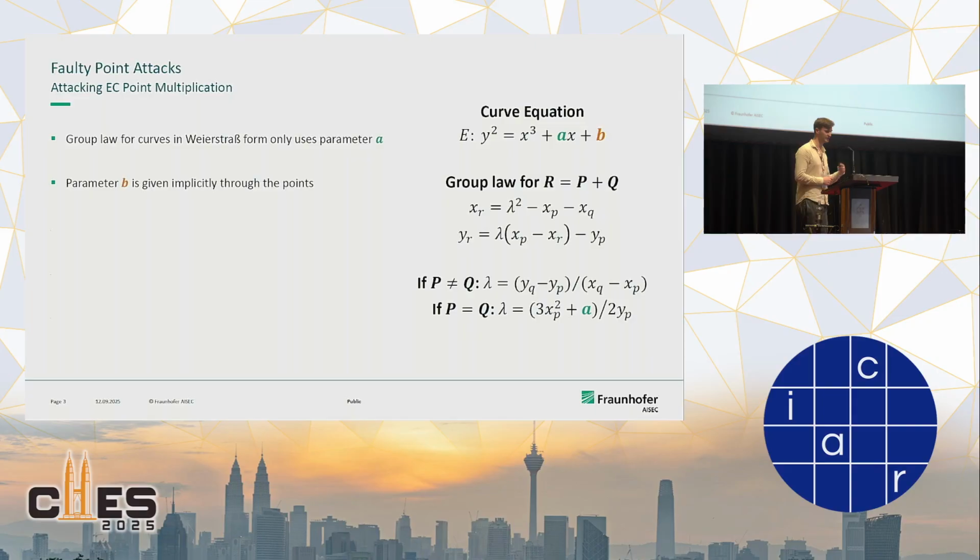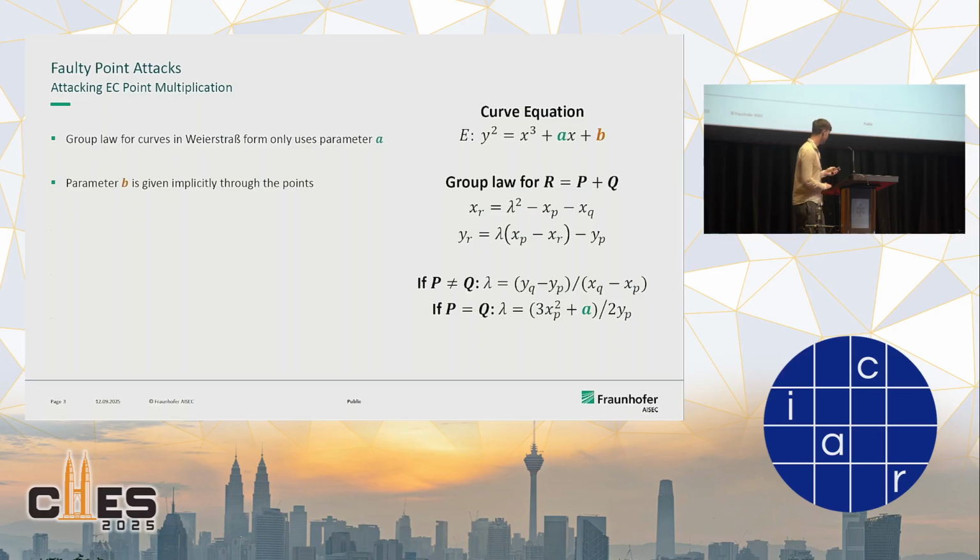Here an attacker will target the public key point or the generator point of the curve. You can see on the top right here we have a curve equation for a curve in short Weierstrass form, which is basically what we're going to look at now, signature schemes that work on curves in this form. You can see that we have these two parameters here, A and B, on this curve, that basically define how it looks. And we use these parameters then in the group law that defines how the addition works on that group.